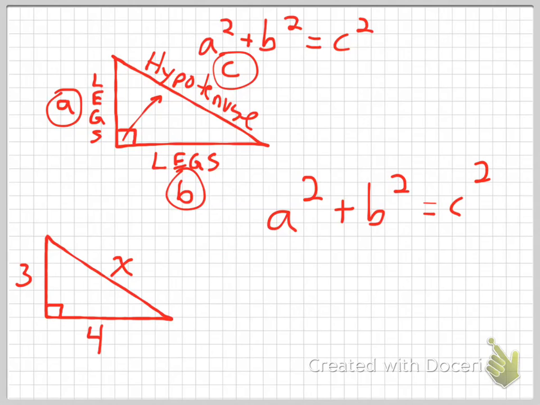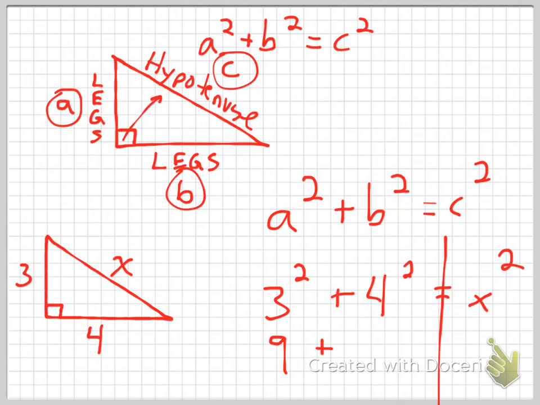Instead of A squared, we're going to put 3 squared plus 4 squared equals, and instead of C, we're going to put X squared. You see what I've done here? I simply replaced my legs and the hypotenuse with what I have. 3, 4, and X. 3 squared plus 4 squared equals X squared. Now, can I solve some of this? What is 3 squared?